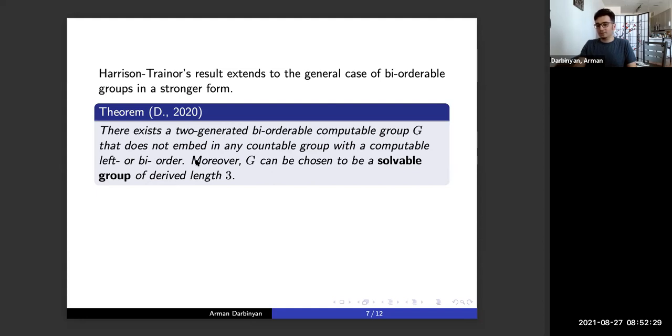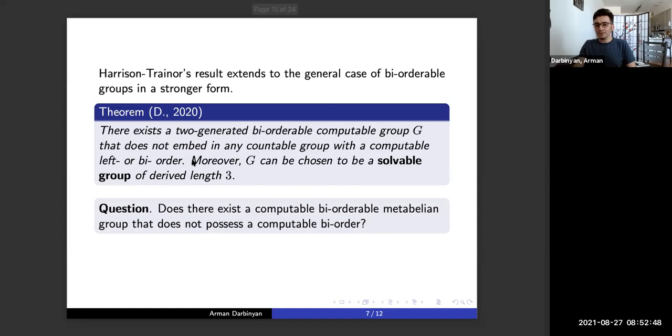And moreover, this group G can be chosen to be a solvable group of derived length three. This last addition is interesting because it gives some nice algebraic structure on the group G that is a counterexample.